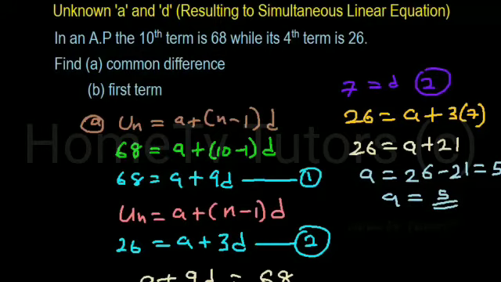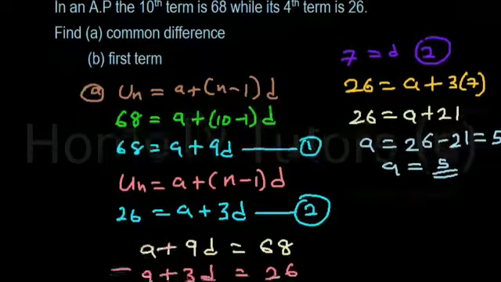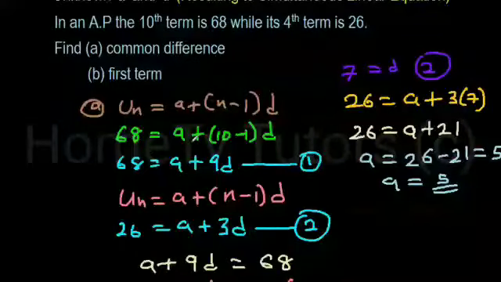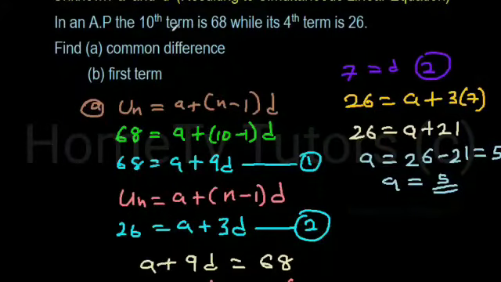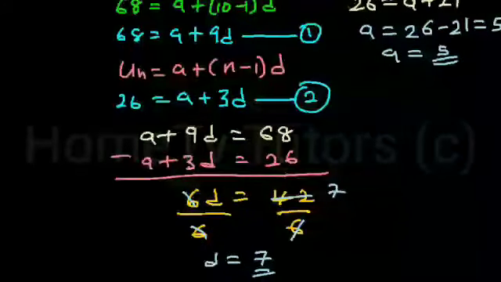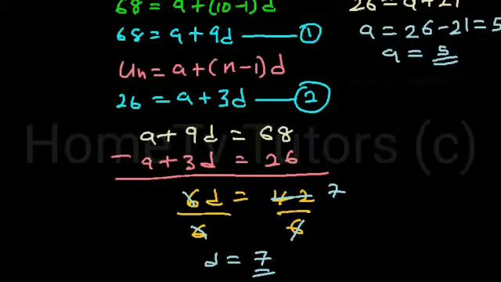So you can see how the simultaneous equation comes into play. You first of all apply the given term to get equation 1, then you also apply the second term and use it to get equation 2. Then you use either the elimination method or substitution method of simultaneous linear equations.